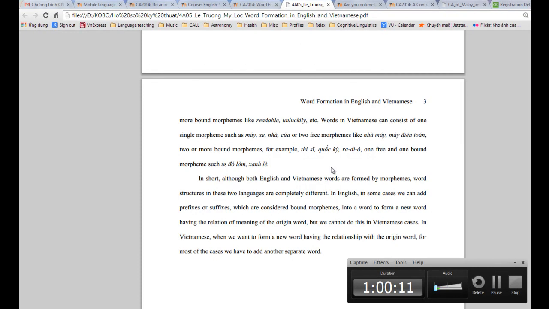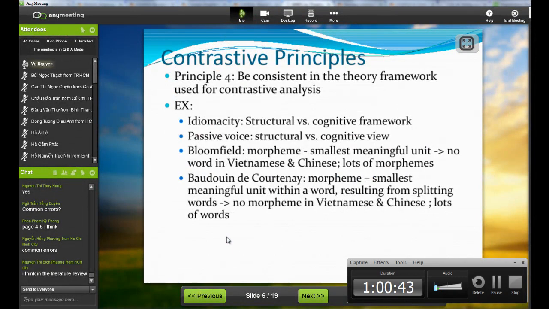Because nhà is meaningful and máy is meaningful, and it can also be one vowel morpheme and one free morpheme. For example, đỏ lòm, xanh lè. So đỏ is a free morpheme and lòm is a vowel morpheme, right? Because we cannot use lòm with the other color. Now, so you see, she sticks to only one framework.